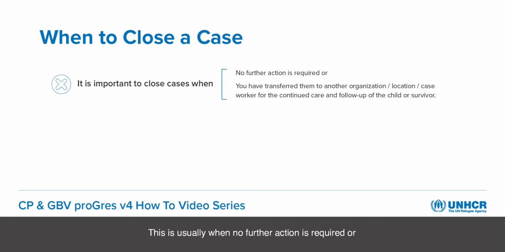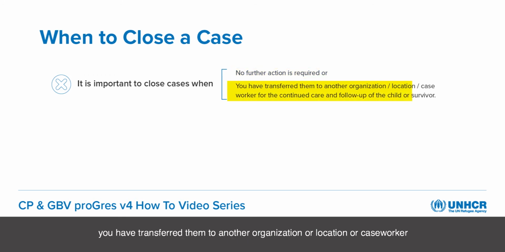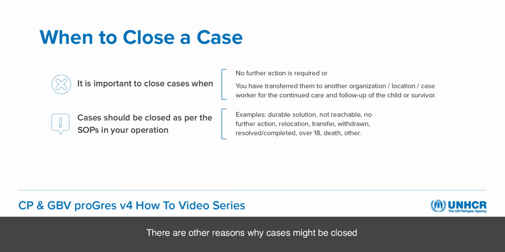This is usually when no further action is required or you have transferred them to another organization or location or caseworker for the continued care and follow-up of that child or survivor. There are other reasons why cases might be closed, and these should be outlined as per the SOPs in your operation. Examples of these would be durable solutions being found.